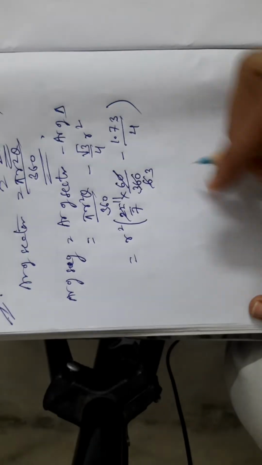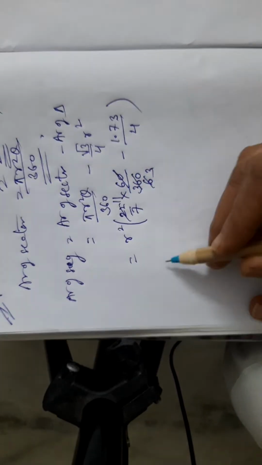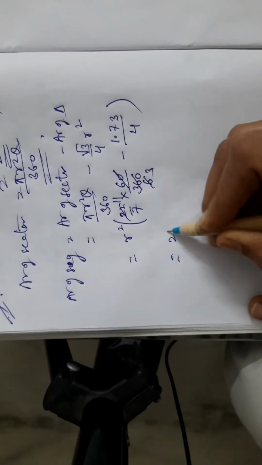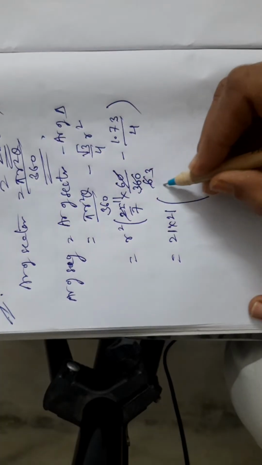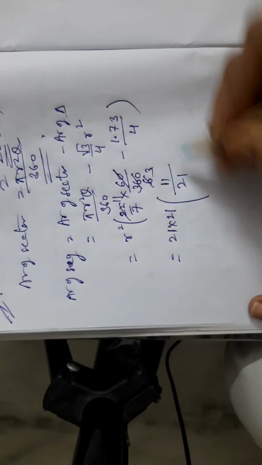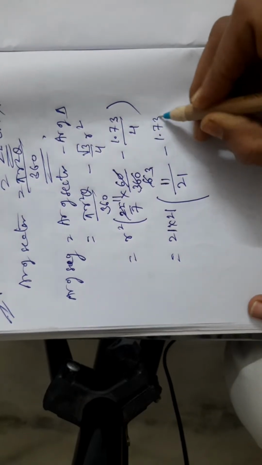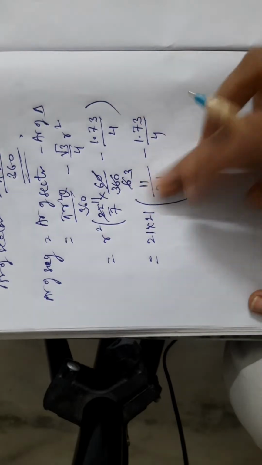So here 66 are, and then 2 3s are, 2 11s are. R is given 21, so 21 multiplied by 21. Here we are having 11 divided by 21 minus 1.73 upon 4. So we'll take the LCM like in cross multiplication.